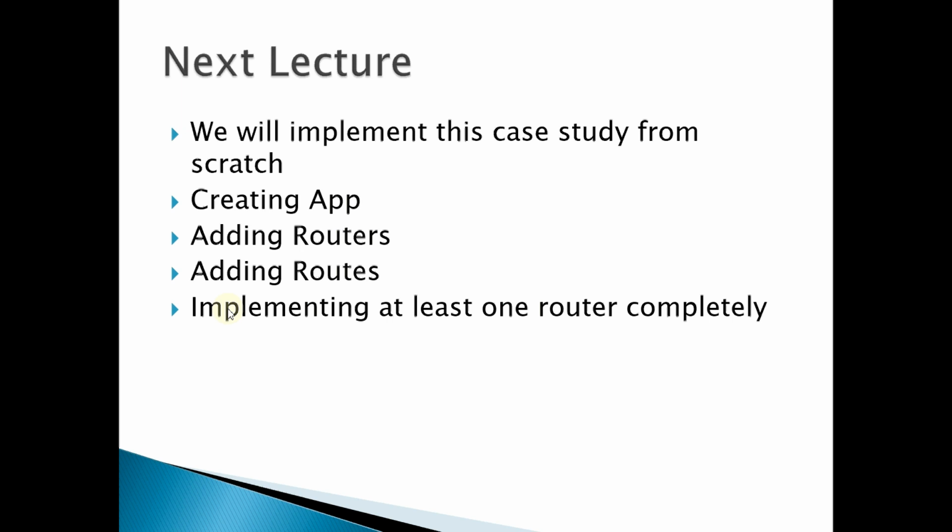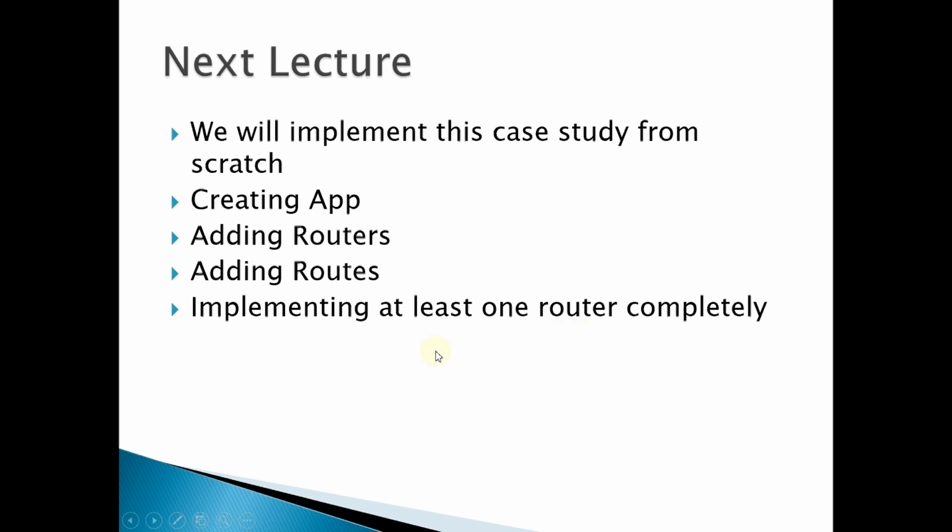We will create an app using Express, and then in that app we will create the routers and the routes as defined in previous slides. I will implement at least one router.